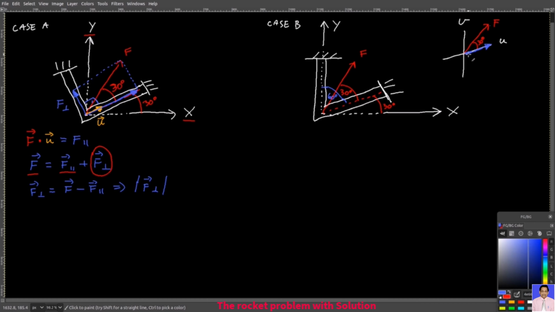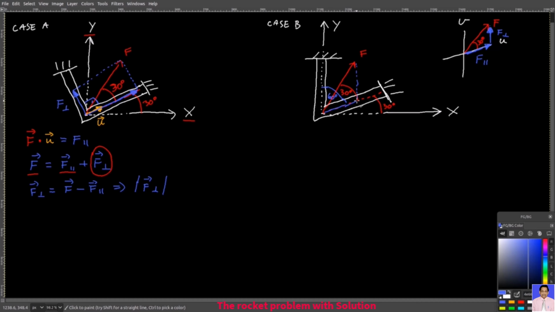You have one component along the u-axis and another component that is parallel to the v-axis. That was the case when we were adding vectors using the triangle or the parallelogram rule. And now your F parallel will obviously be different, and also your F perpendicular will obviously be different.